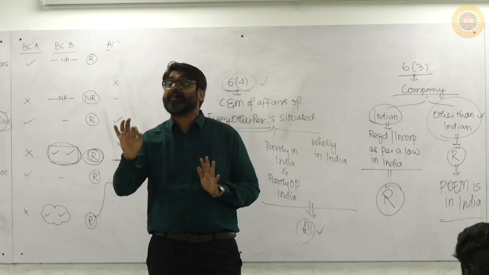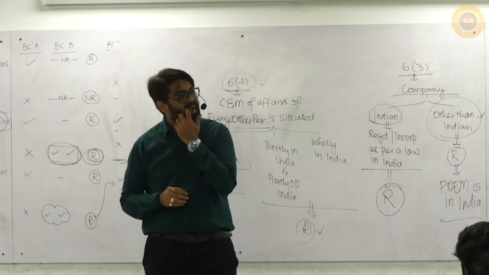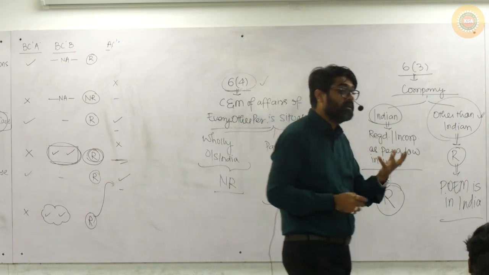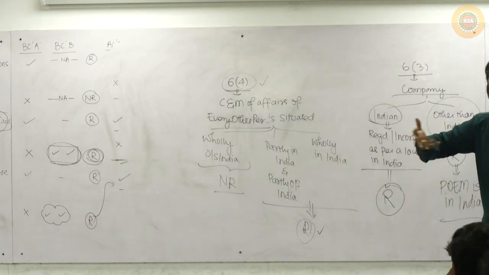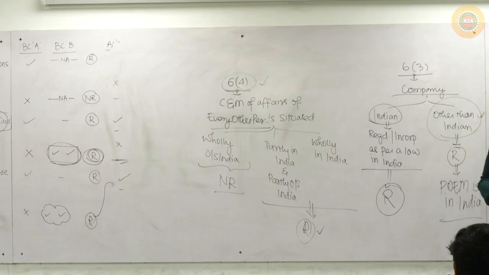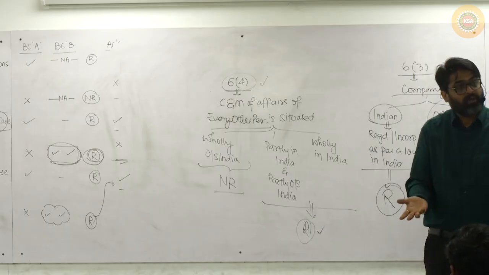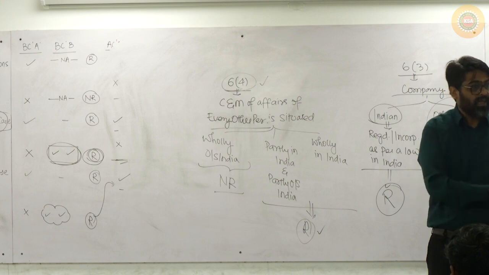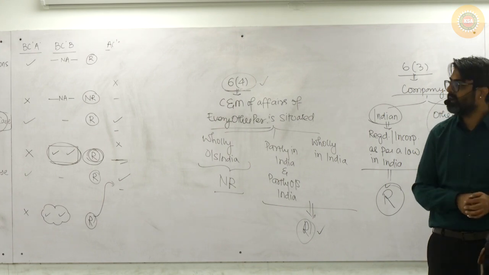Place of effective management means the place from where effectively the company is being managed. What will be that place? The place from where substantial decision making is done, yes or no?